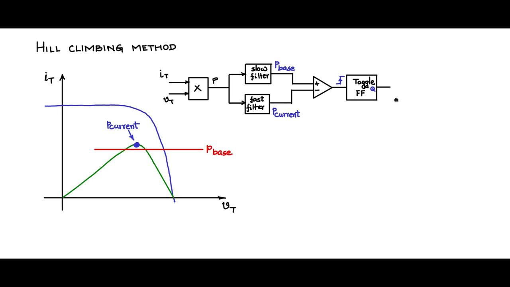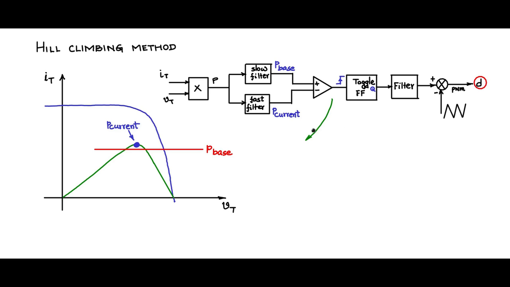The output Q is now filtered, and the output of the filter is compared with a triangular carrier, and the output of this is nothing but the PWM, which goes to the duty cycle input of the DC-DC converter, to which the PV panel has been interfaced.